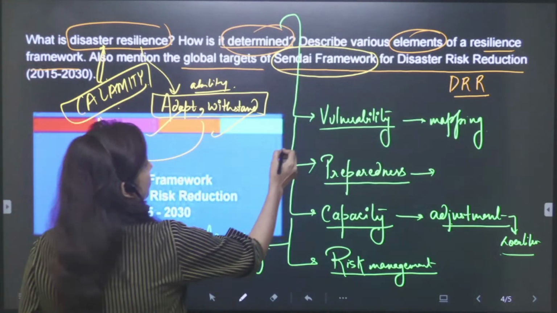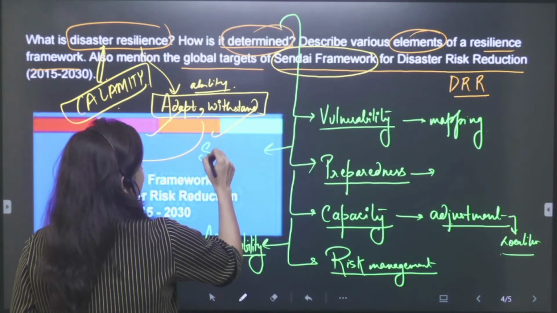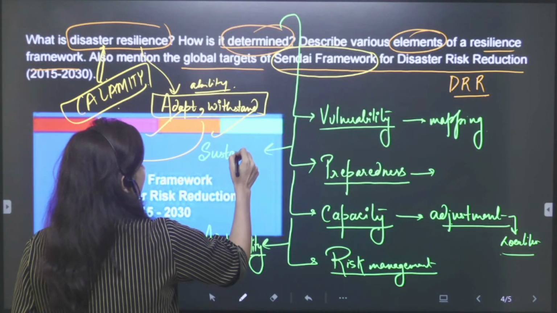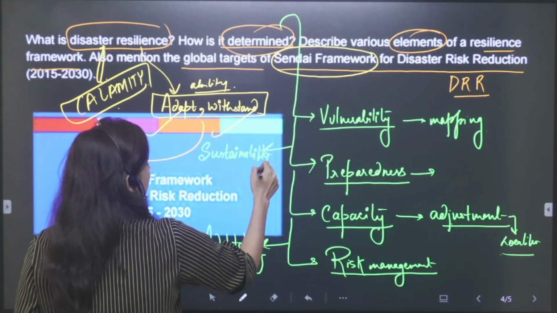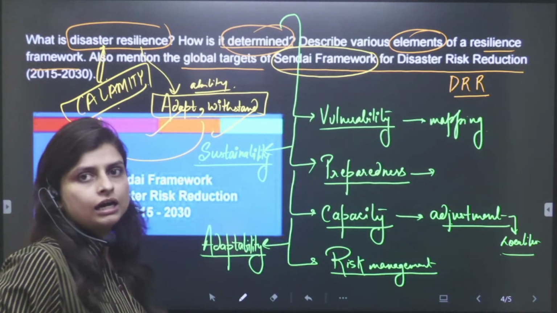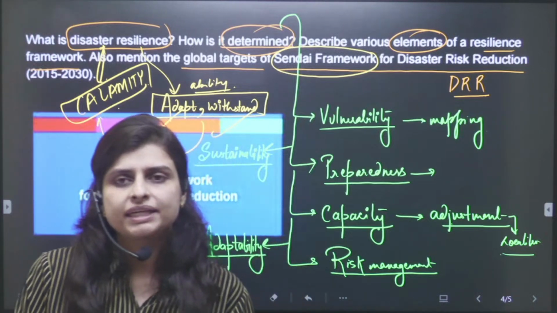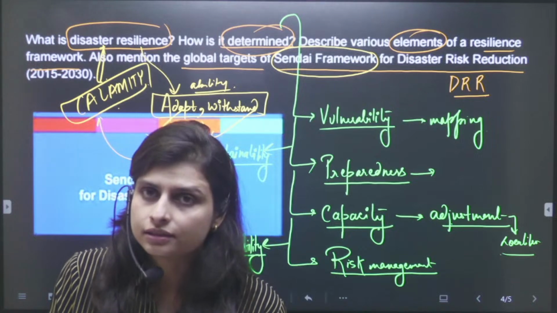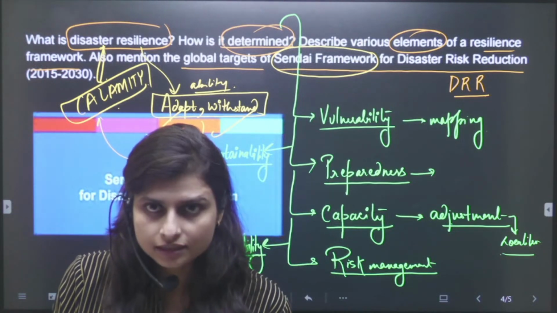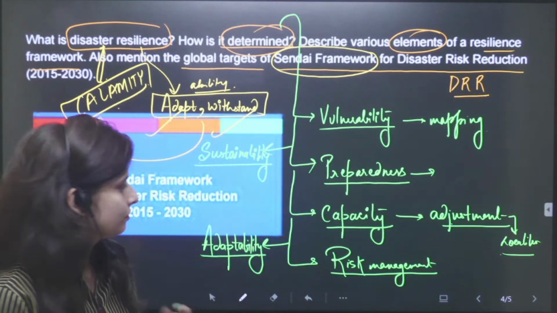Then the next one is your sustainability. That means how sustainably we can use the resources in order to check the disaster. So we need to check the sustainability factor as well. Fine.